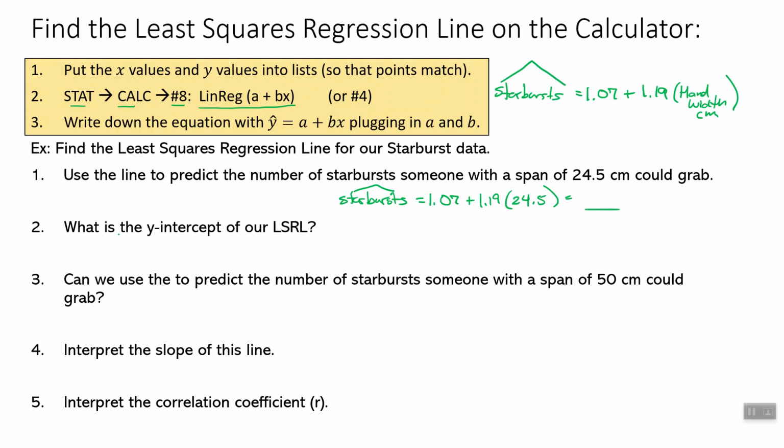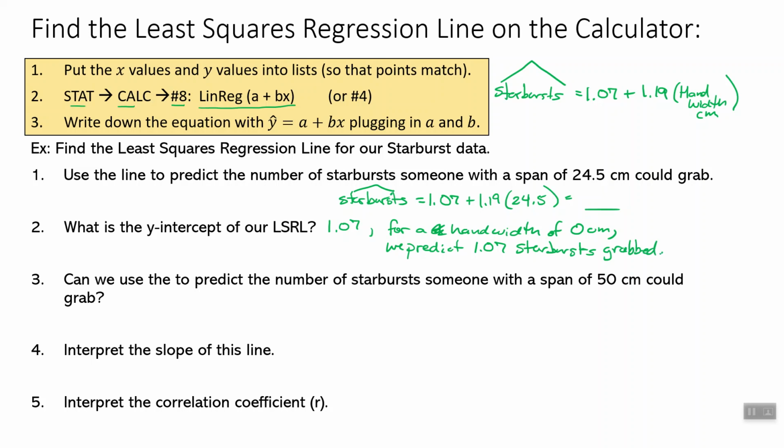Done. What is the y-intercept of our least squares regression line? Well, if we plug in 0, we get 1.07. All right, and let's say what that actually means. So for a hand width of 0 centimeters, we predict 1.07 starbursts grabbed.